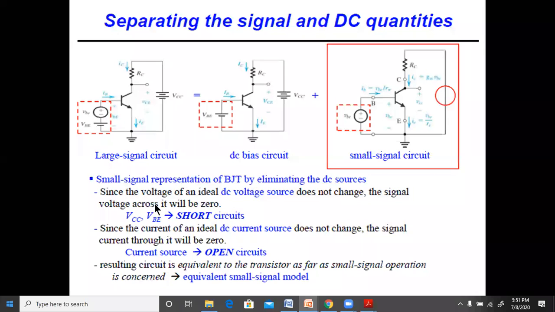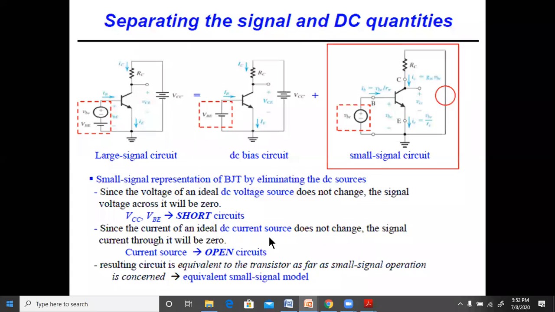Whenever we write the biasing circuit, we write the DC voltage, but whenever we write the small signal circuit, the DC voltage source should be made equal to 0. So VCC and VBE should be shorted. This is shorted, this is shorted, then we get this figure.